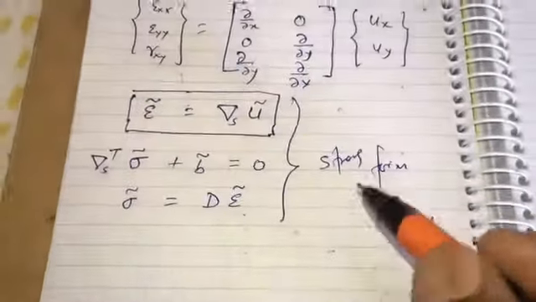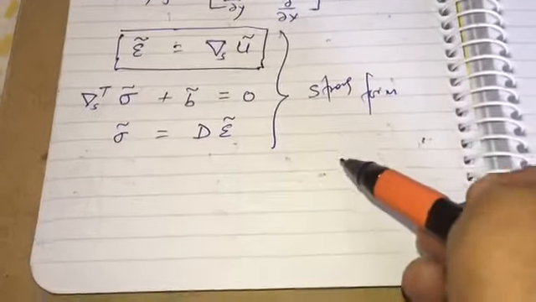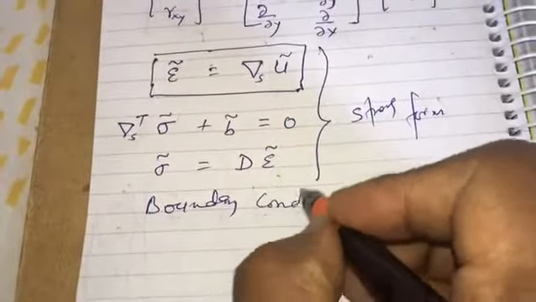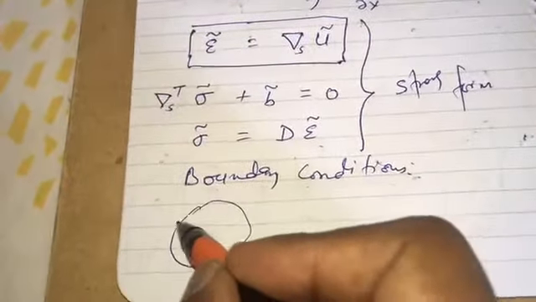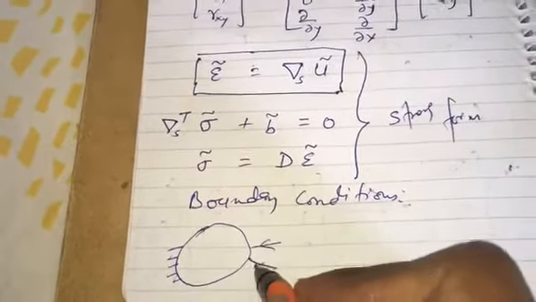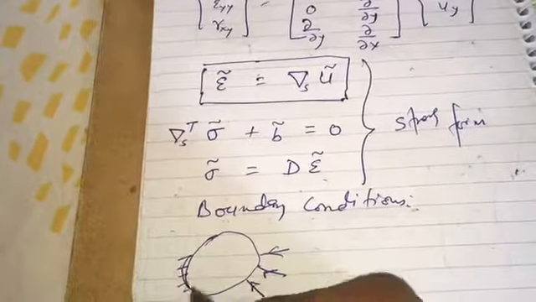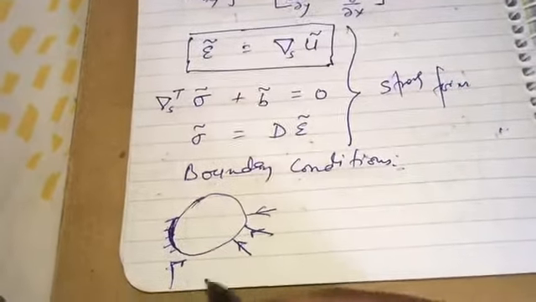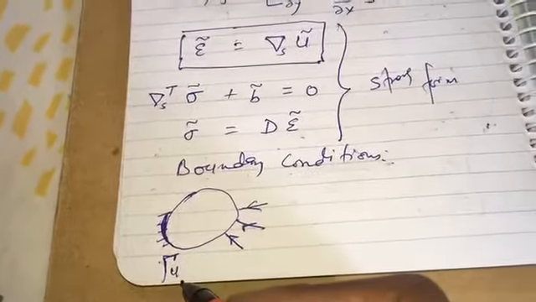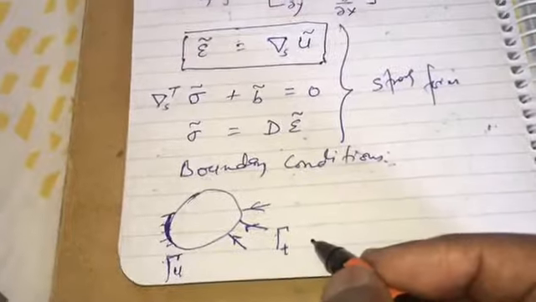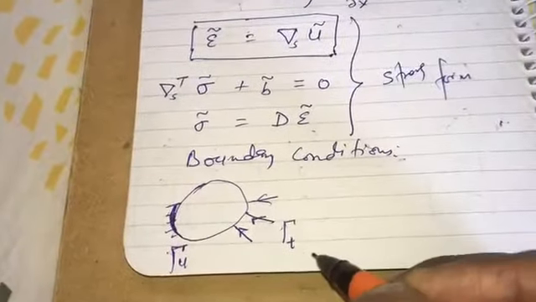Remember that this strong form is not complete without the boundary conditions. So we also have to write the boundary conditions. And as I said earlier, boundary conditions will be essential boundary conditions and natural boundary conditions. So there may be an essential boundary condition on gamma u, where displacement is prescribed, and there will be gamma t, where traction is prescribed, meaning the boundary forces are prescribed.